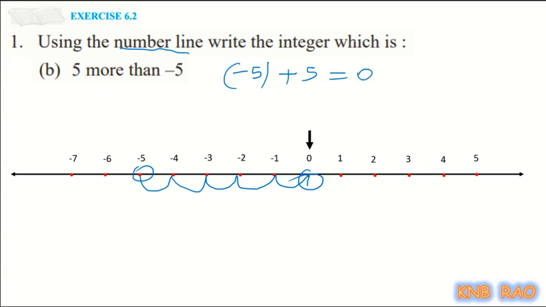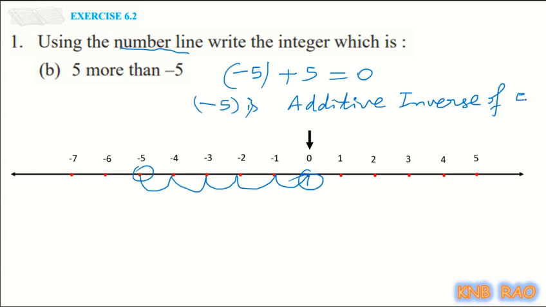And you know students, from this concept we have even learnt that minus 5 is the additive inverse of 5.